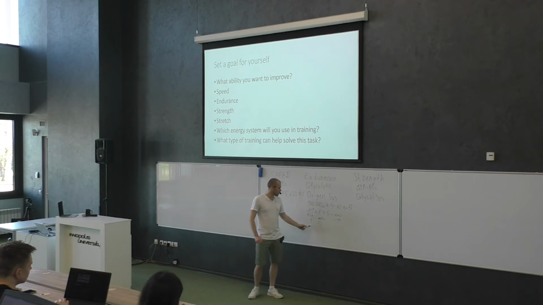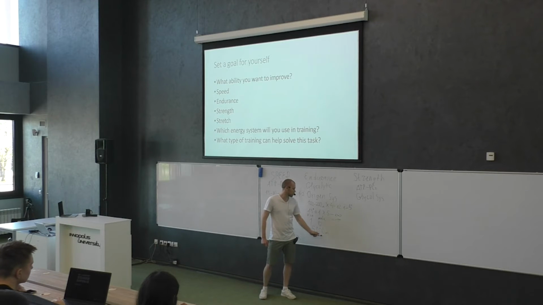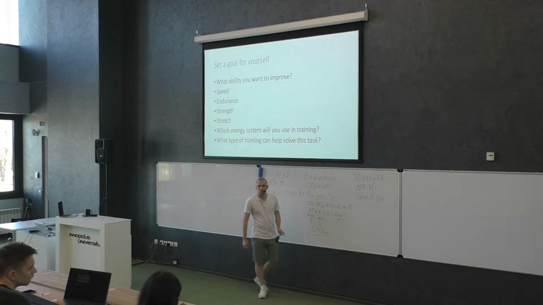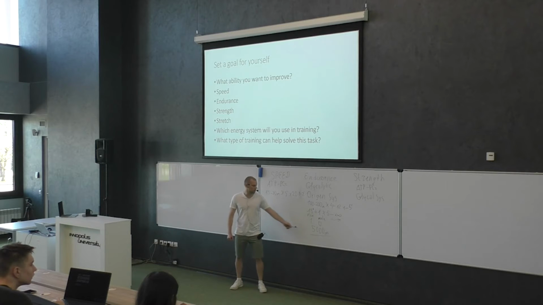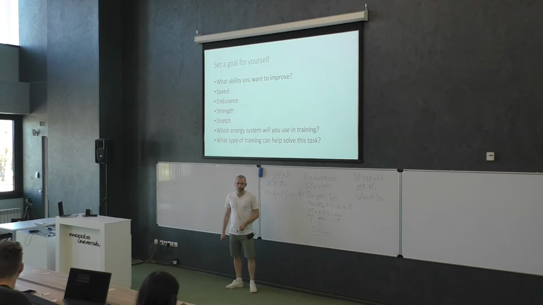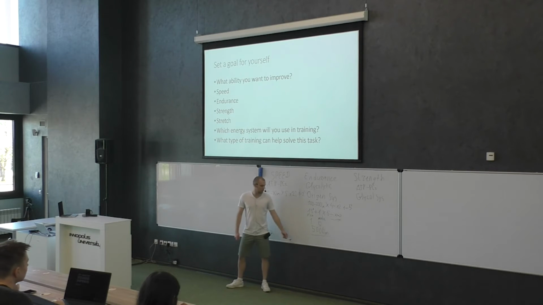And after that, what training type will it be? What training type is it? Low intensity, 5,000 meters.